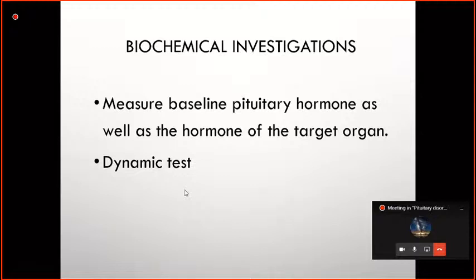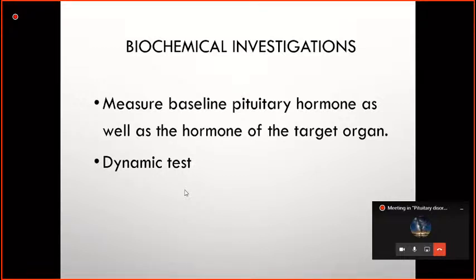The same goes when there is an excess in hormone. When there is an excess in hormone, you want to try to suppress it, to see whether with further suppression this hormone will be suppressed, or whether it will be continually produced despite more suppression.